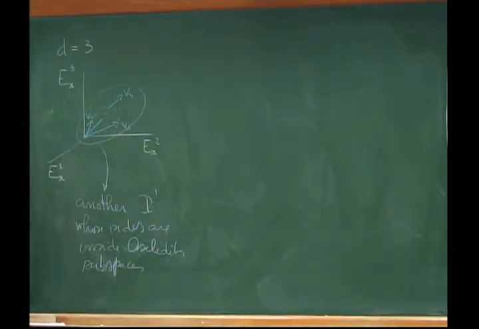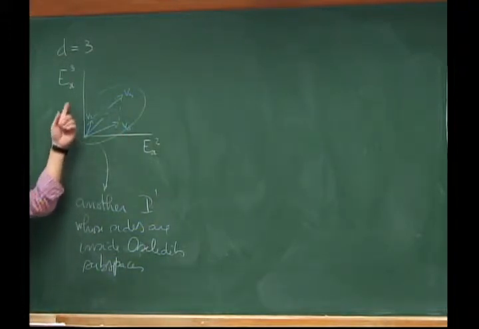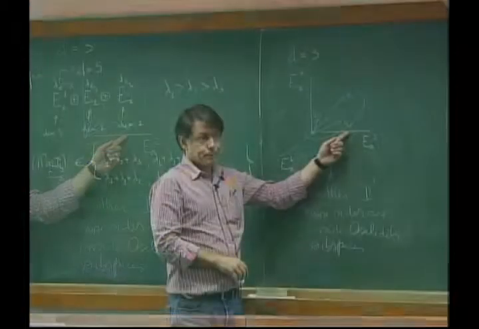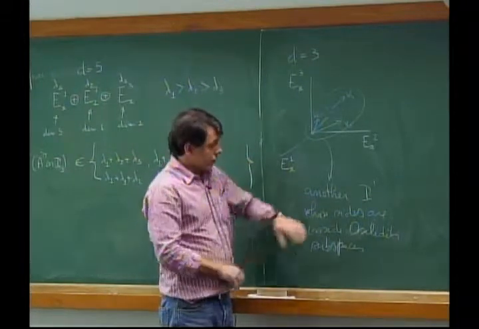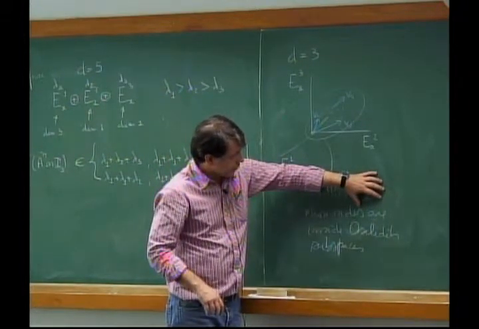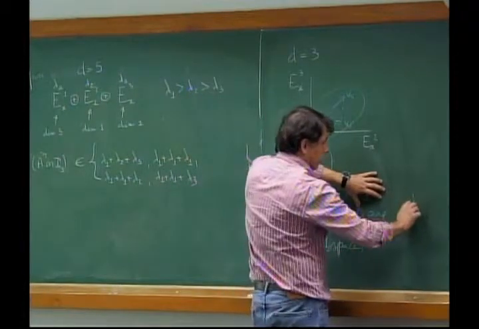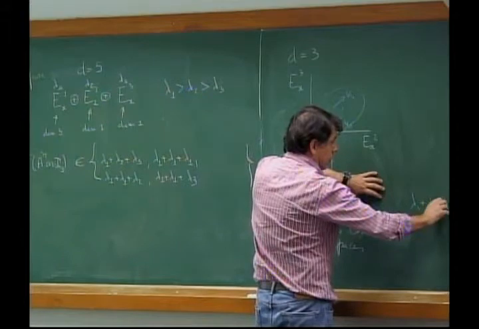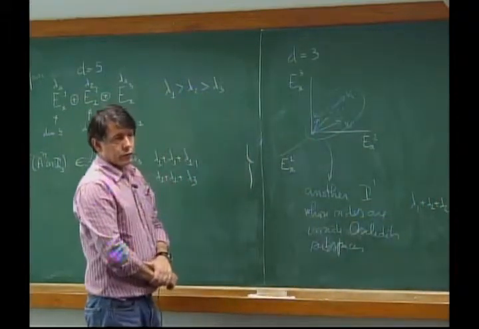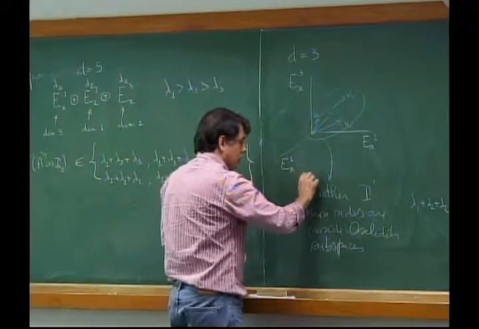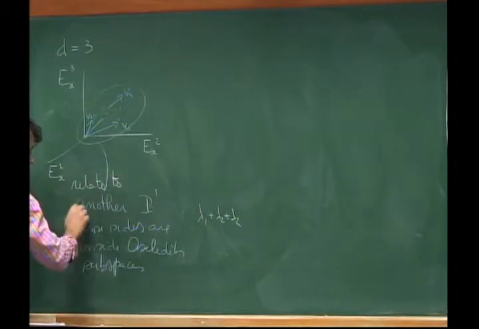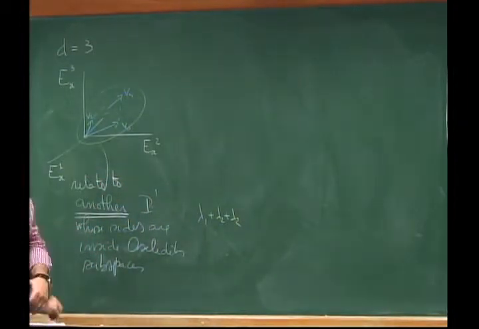I'm going to explain that, but somehow we deform this parallelogram and construct another one whose sides are inside auxiliary subspaces, one in each subspace, because there's not enough room. Okay? And then my previous calculation can be done. It tells you that the volume of the iterates of P prime grows at rate lambda 1 plus lambda 2 plus lambda 3. And so the volume of P also grows at rate lambda 1 plus lambda 2 plus lambda 3. Okay? So relate it to another parallelogram where my calculation can be done.